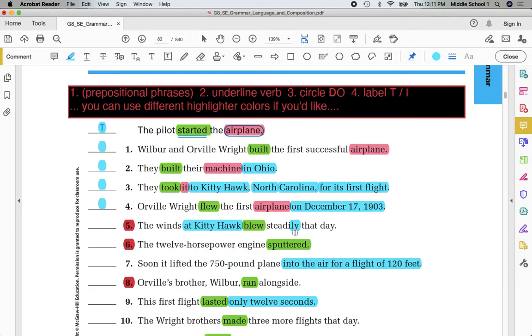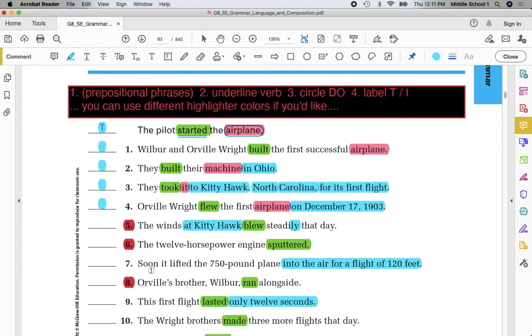This does not have a direct object. Therefore, this is red. That means it's intransitive. Winds blew, no object. The 12-horsepower engine sputtered, just like Jesus wept. It's a simple sentence, contains no object, red, intransitive, I.